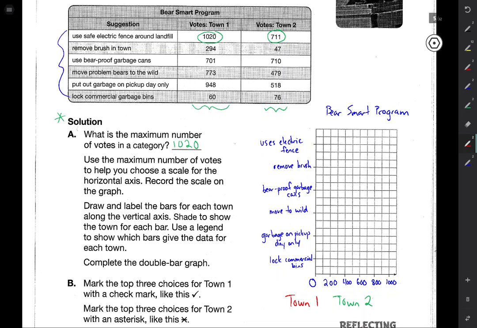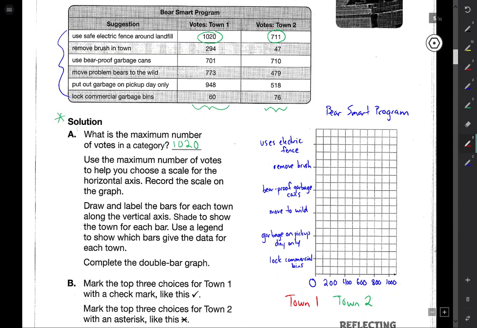Starting off with uses electric fence, town 1 has 1020 votes. So I'm going to take my red and make a nice little bar going up all the way until 1020 approximately. The 1000 mark is right over here, so 1020 would be just above 1000.